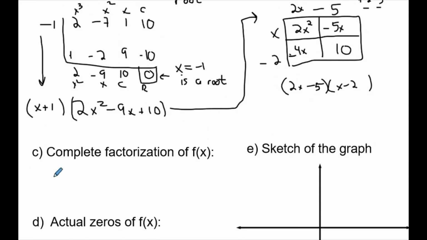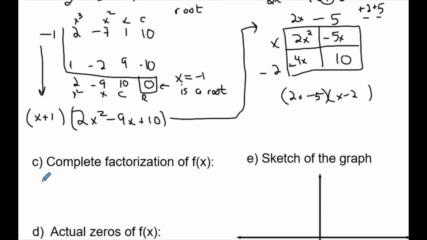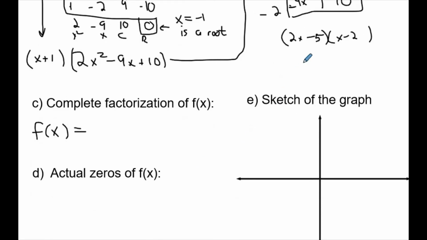So to clean it all up, the complete factorization of f of x is going to be completely factored, and I like to put them in order of the actual roots. Remember, this one would produce a root if we were to solve it. We already know what it is in the list, but just to show you how I got that 5 halves, here it is. I would add 5 and divide by 2.